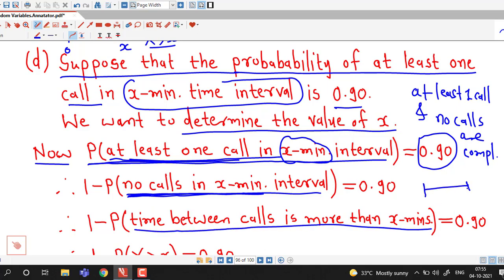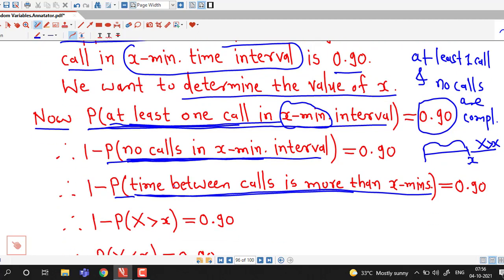If the time between calls is more than x minutes, then there will be no calls in this time interval x. So these two events are the same. So I replace this probability by the probability that the time between calls is more than x minutes, which I can represent by capital X is greater than small x.